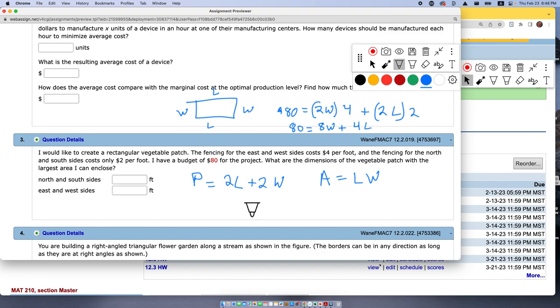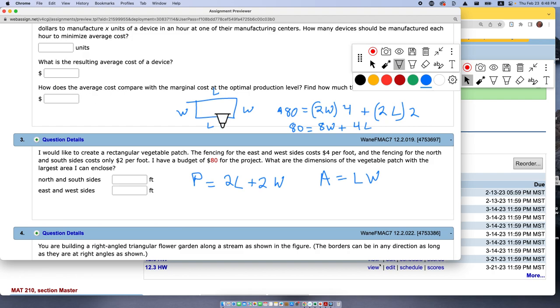Okay. Maybe I'll go a little bit further. Would it be helpful if I went further with this? Definitely. Okay. So do you want to solve for W or for L? Someone choose one. Okay, let's go for W. So we're going to solve for W. We would subtract 4L from both sides.